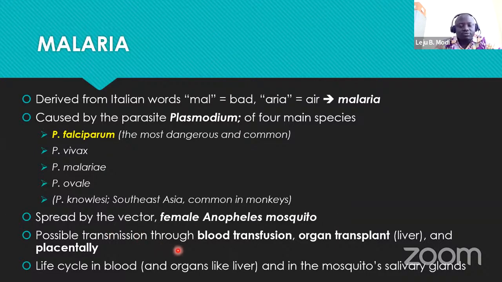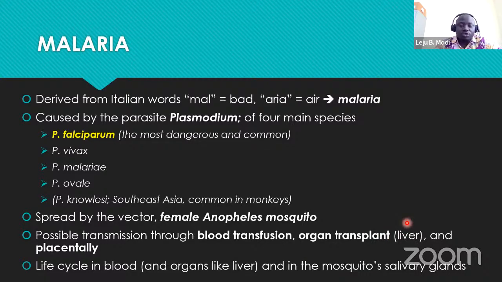Other possible ways of transmitting malaria include blood transfusion. For example, blood that has the Plasmodium parasite transfused into somebody who doesn't have the parasite, that person can get the parasite as well. Organ transplantation, such as liver transplantation, is another.